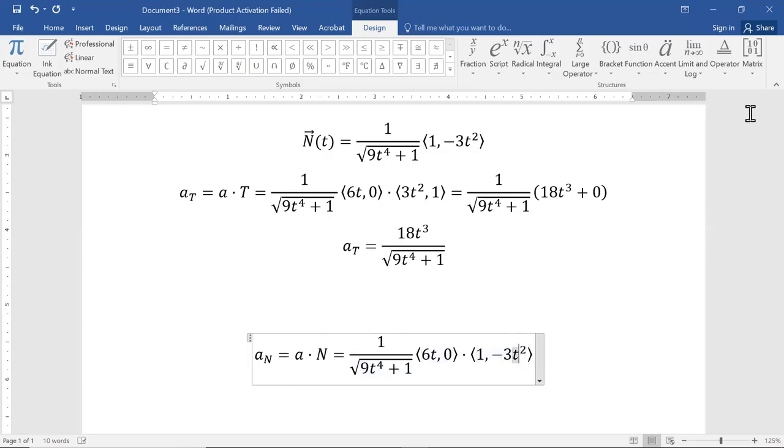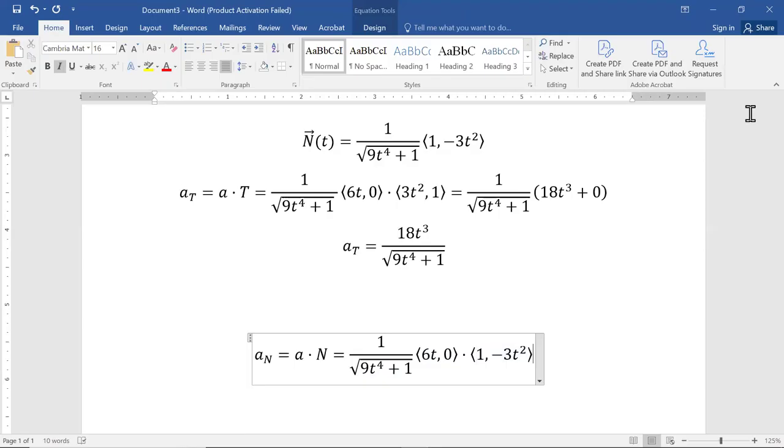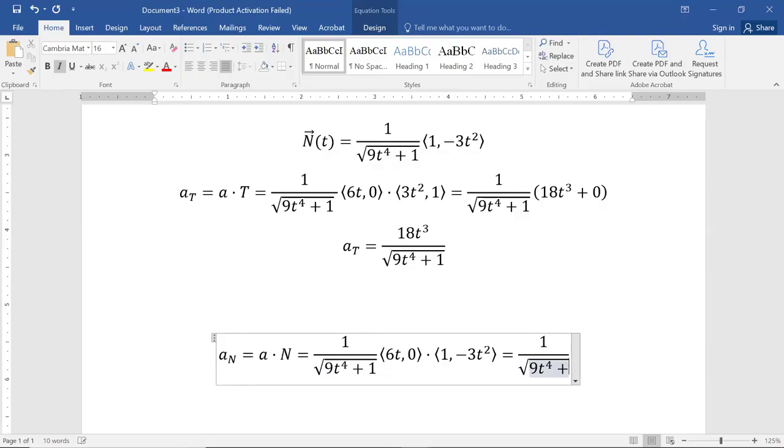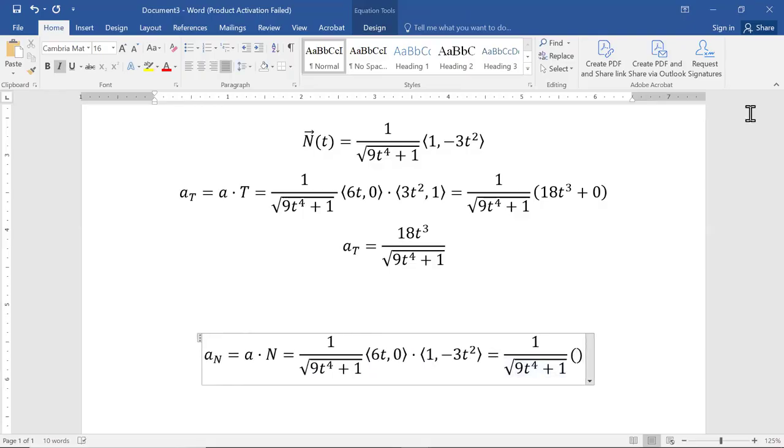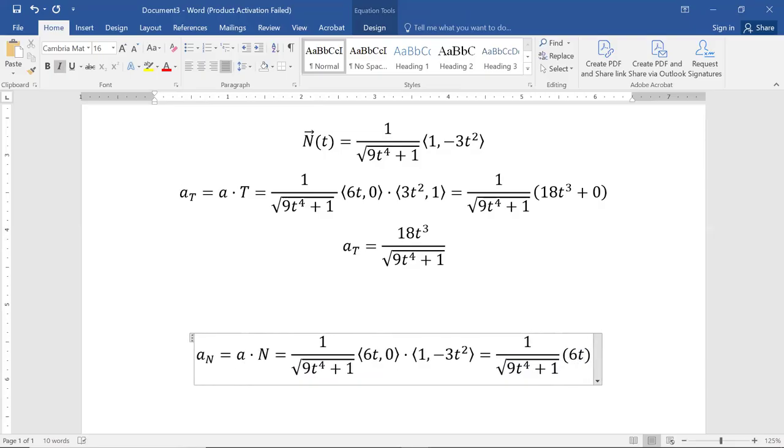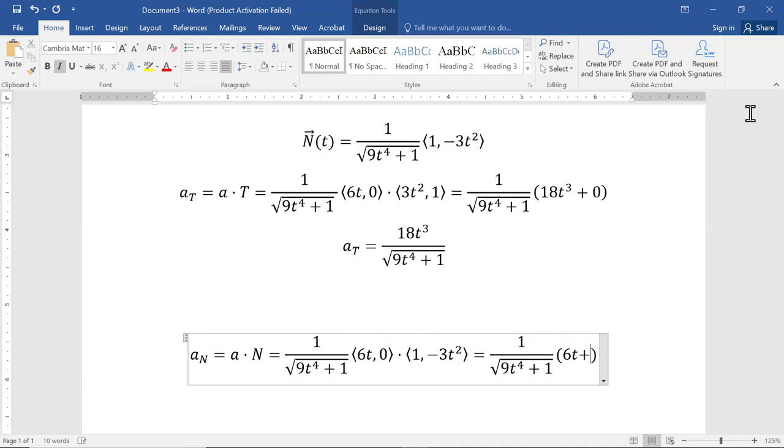And we end up with 1 over the square root of 9t to the 4th plus 1, multiplied by, well, 6t times 1 is going to give me 6t. 0 times negative 3t squared is going to give me 0.